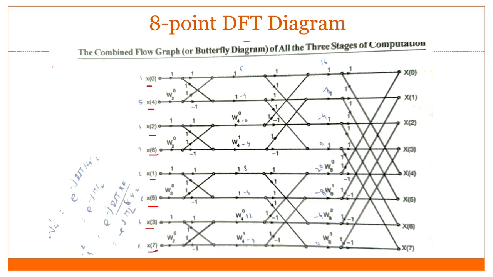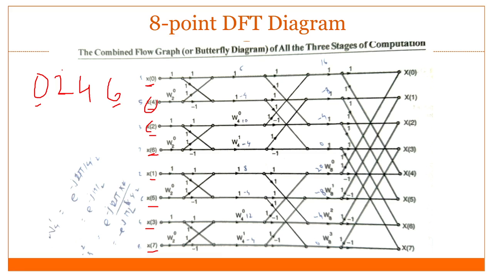You have to calculate the even samples 0, 2, 4 and 6. How to write down 0 and 6? You write them as they are. Then shuffle this 4 and shuffle this 2.